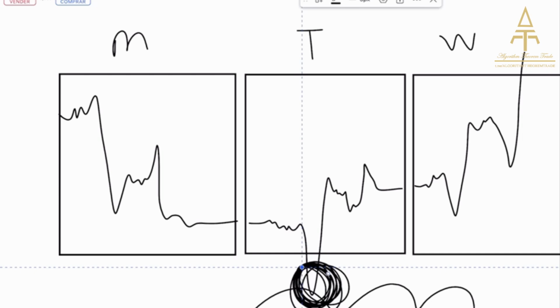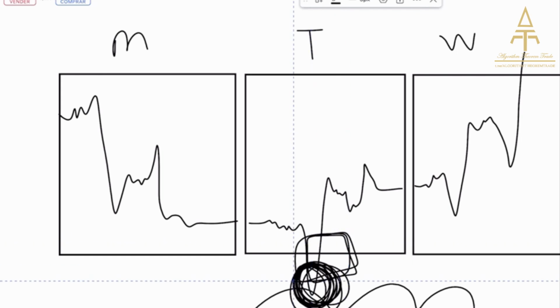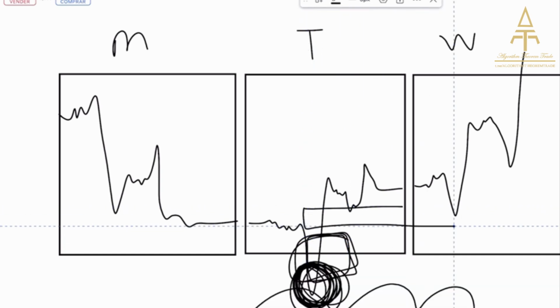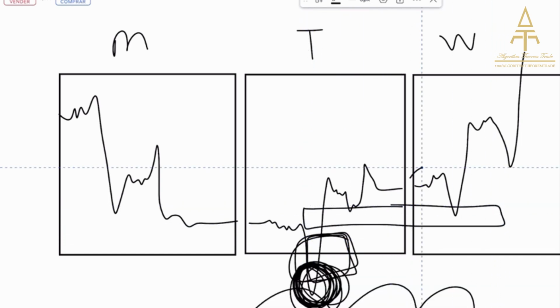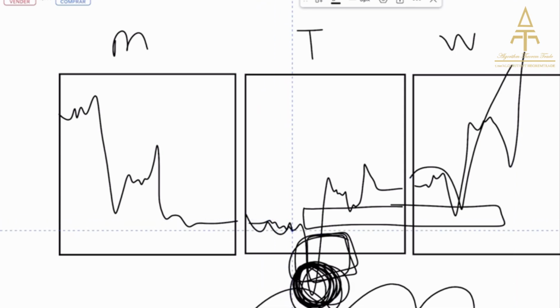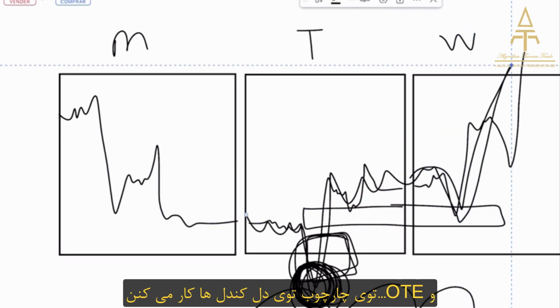And then, of course, it's going to have an order block. And then you're going to have candle number 3 smacking into a PD array in candle number 2 and rallying. Right? And the market structure shift and OTE works within the framework of the candles.